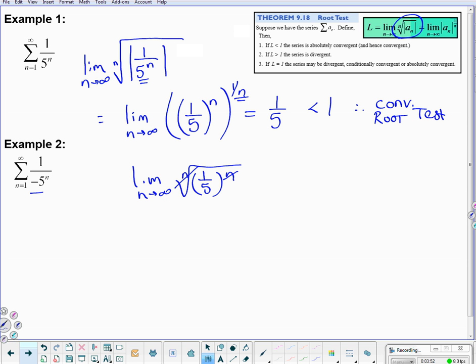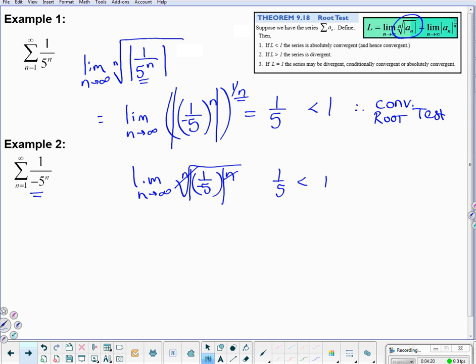You know what would happen if I used negative 1/5? Well, then this would be negative in here, but we'd have to retain our absolute values, wouldn't we? And if I retain my absolute values, my nth root and nth power multiply to 1, and I would get the absolute value of negative 1/5, which would be 1/5 again, and that happens to be less than 1.